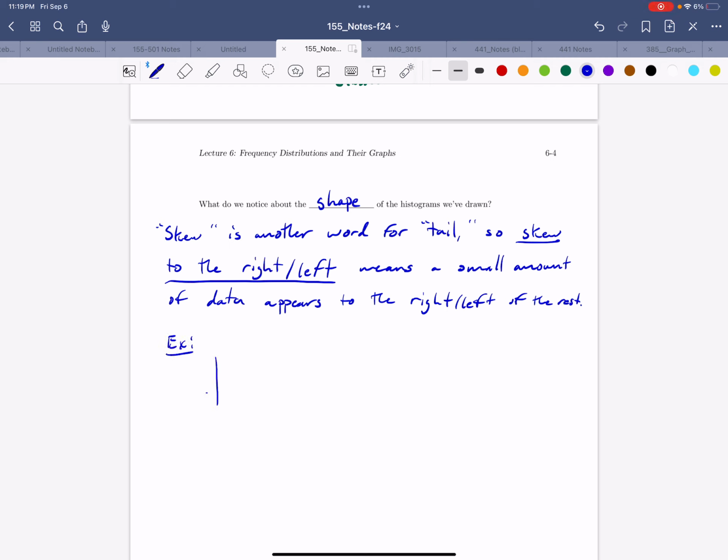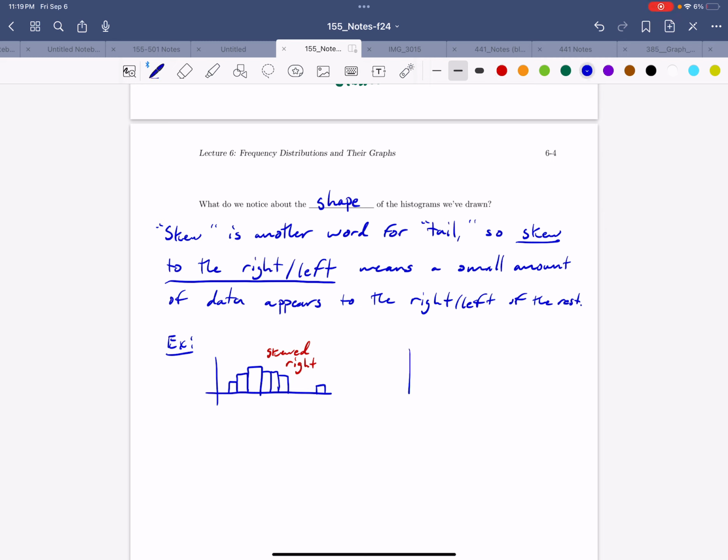So we could have something like this, where our data looks pretty normal-ish, maybe it goes here, and then all of a sudden we've got some data out there. That's skew to the right, or you could say skewed right.